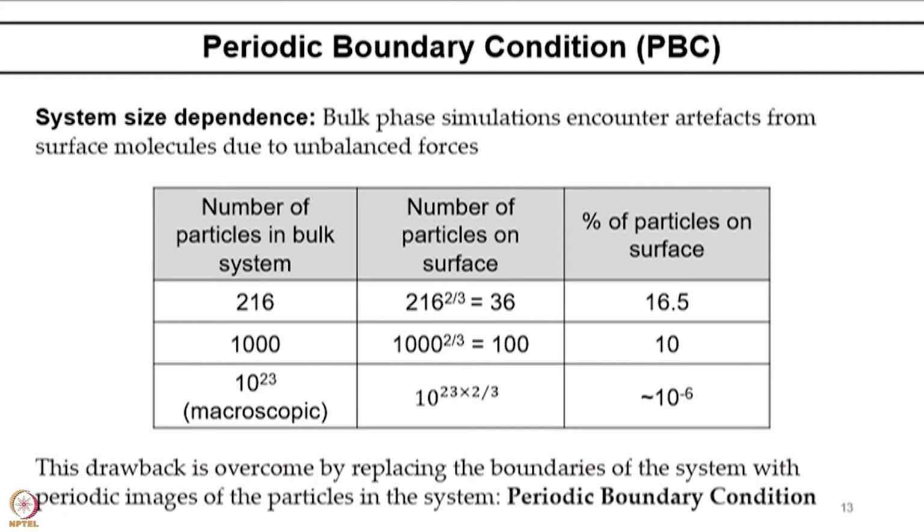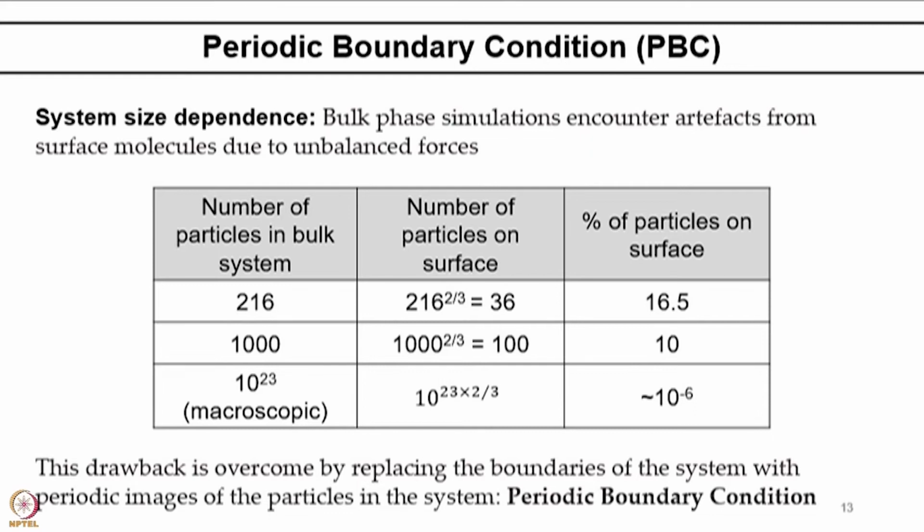Here is one huge problem with a small system: the fraction of molecules on the surface scales as N to the power 2/3, where N is the number of particles in the system. In a macroscopic system that is very, very small, about 1 in 10 to the power 8 particles.